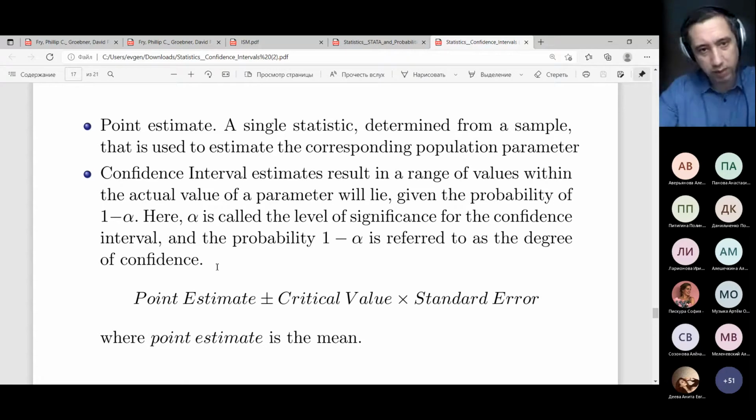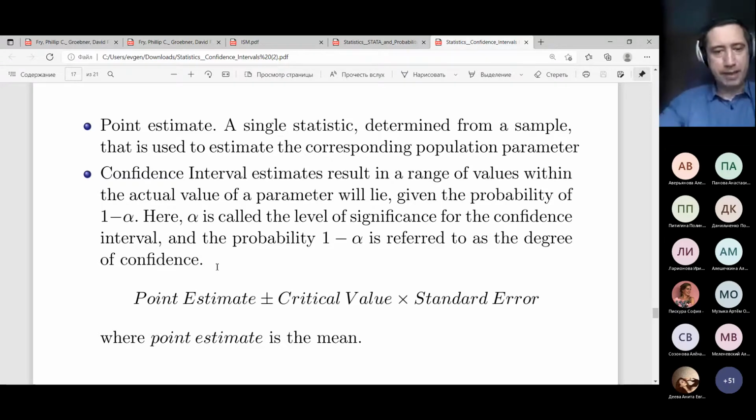Let me explain what 1 minus alpha means. We will speak about this a lot in this course, and I recommend you make notes now. Alpha is the level of significance for the confidence interval. 1 minus alpha is the degree of confidence.